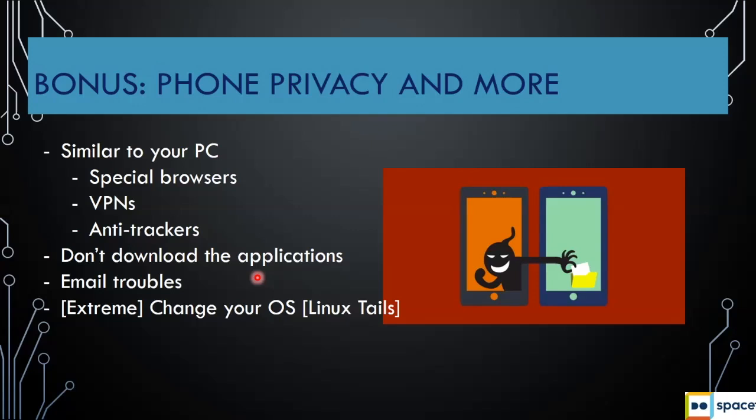And probably one of the last things I wanted to mention is on the most extreme end. If you're really concerned about your privacy, you can change your entire operating system. You can use something like Linux Tails, and Tails actually stands for the Amnesic Incognito Live System.